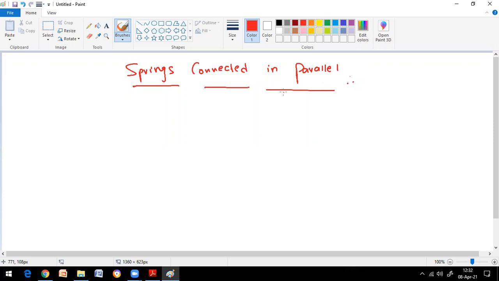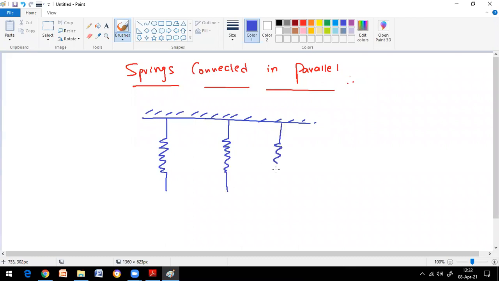Let me draw how the springs are connected in parallel. Let me take a fixed end. The first spring is connected like this, the second spring is connected here, and the third one is here.